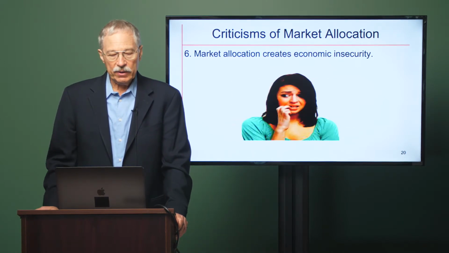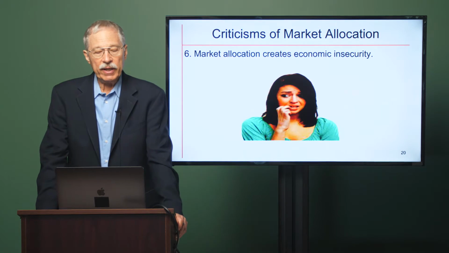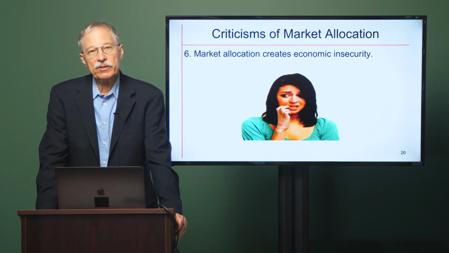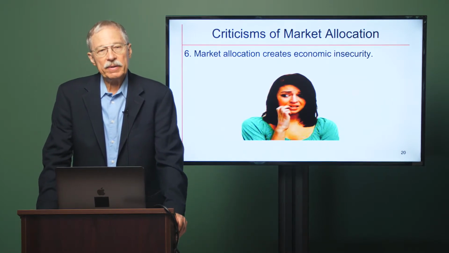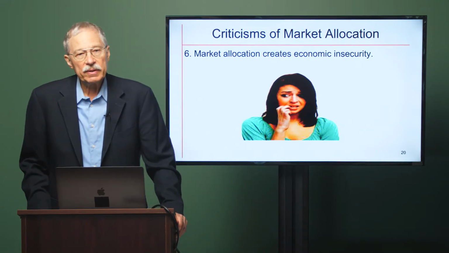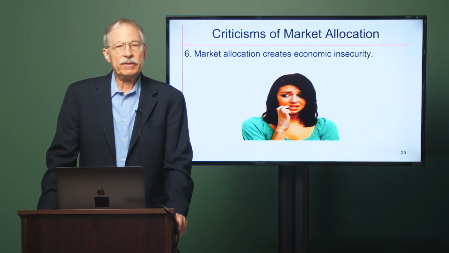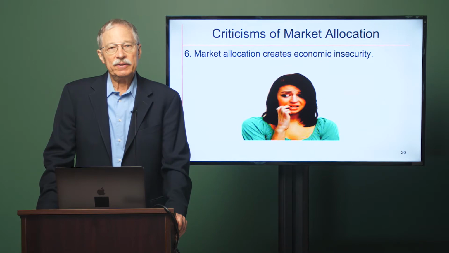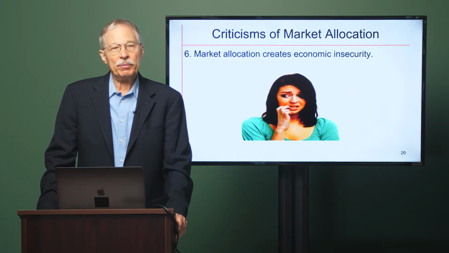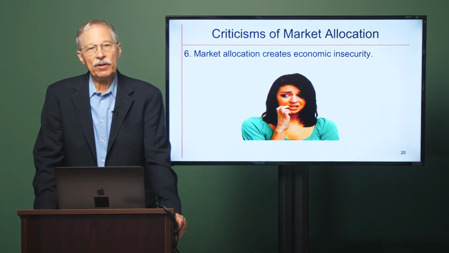Another problem is that market allocation creates economic insecurity. In a system of market allocation, people's livelihood, their income, depends on selling their labor time or their property, what they have to offer.